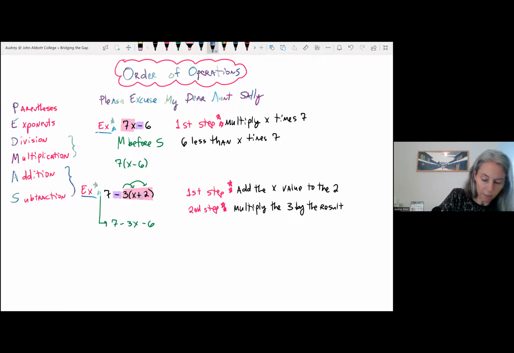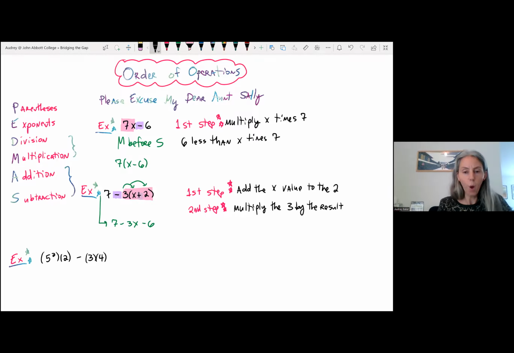Now let's look at something where we might have to start with exponents first. So let's say we had something like 5 squared times 2 minus 3 times 4. Okay, so here we've got a few things going on.